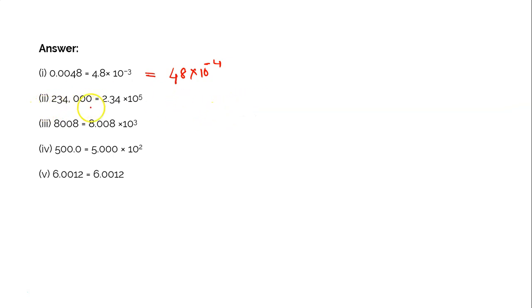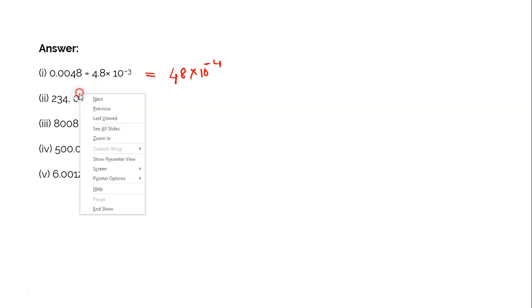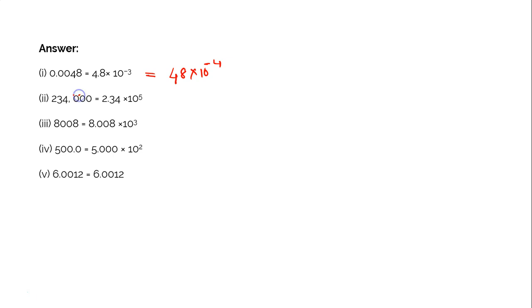Since I don't have a point here, I place a point at the end. Gradually I am moving towards my left hand side, which means in the power of 10 you will be increasing the value by plus 1.